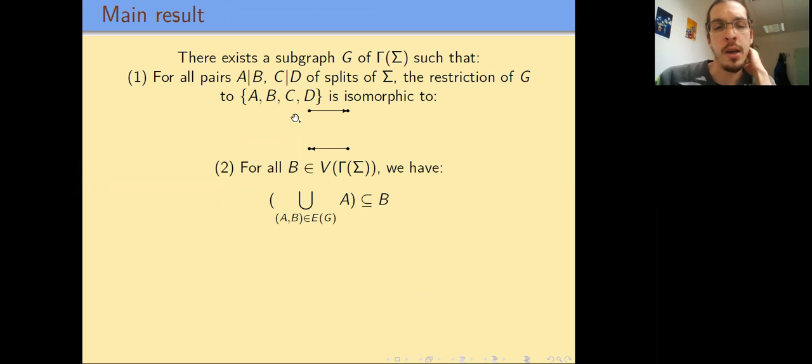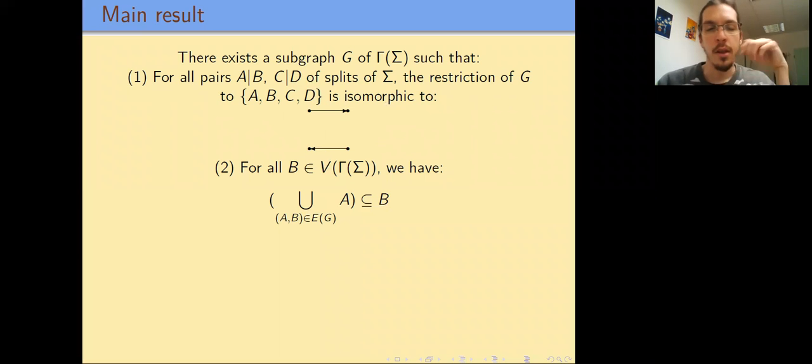The first one I mentioned before: for all pairs of splits, if you have an arc in one direction from a set of split 1 to a set of split 2, then the complements of these two sets are linked with an arrow of opposite direction. Basically, it means that the restriction of the subgraph to the vertex set ABCD is isomorphic to this graph.